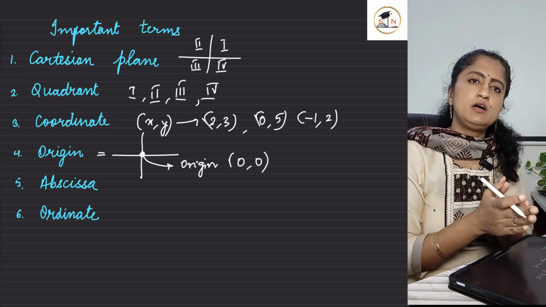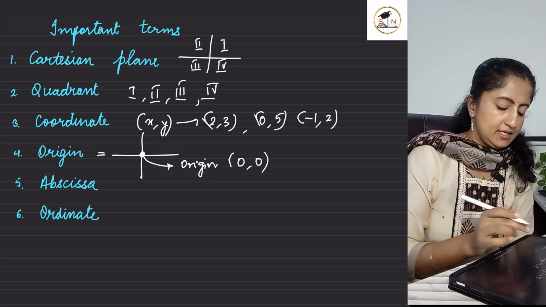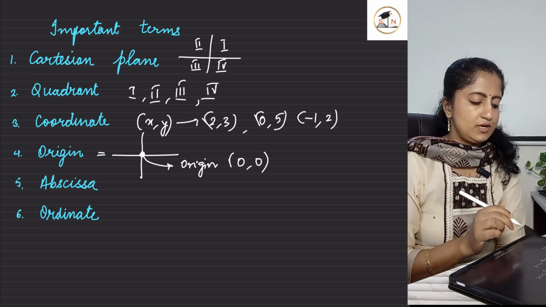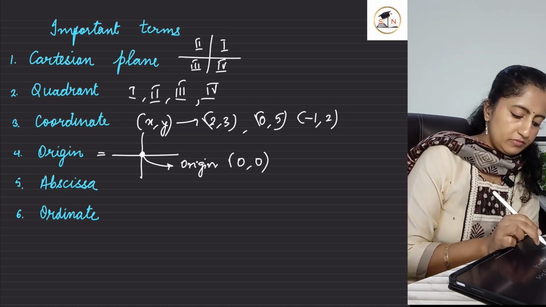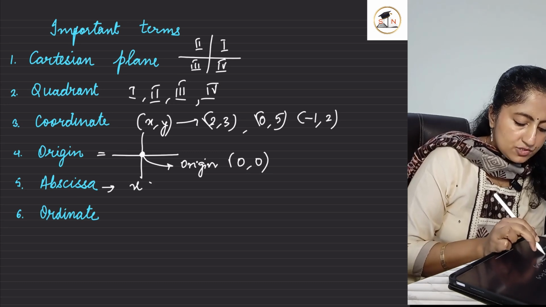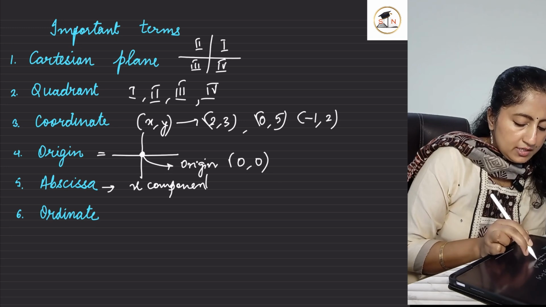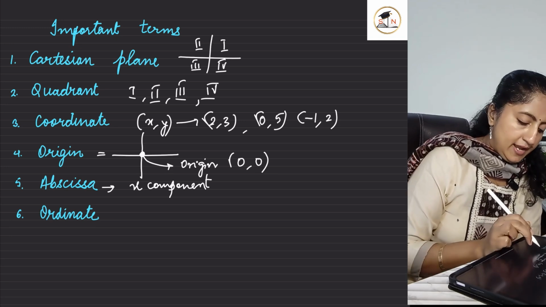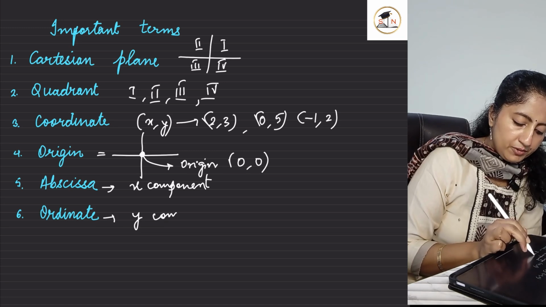Our y starts from here, upward and downward also. Okay. Then there are two new words that you are seeing over here, abscissa and ordinate. What is abscissa? Abscissa is your x component. Okay. It is a technical name for the x component, and ordinate is the technical name for your y component.